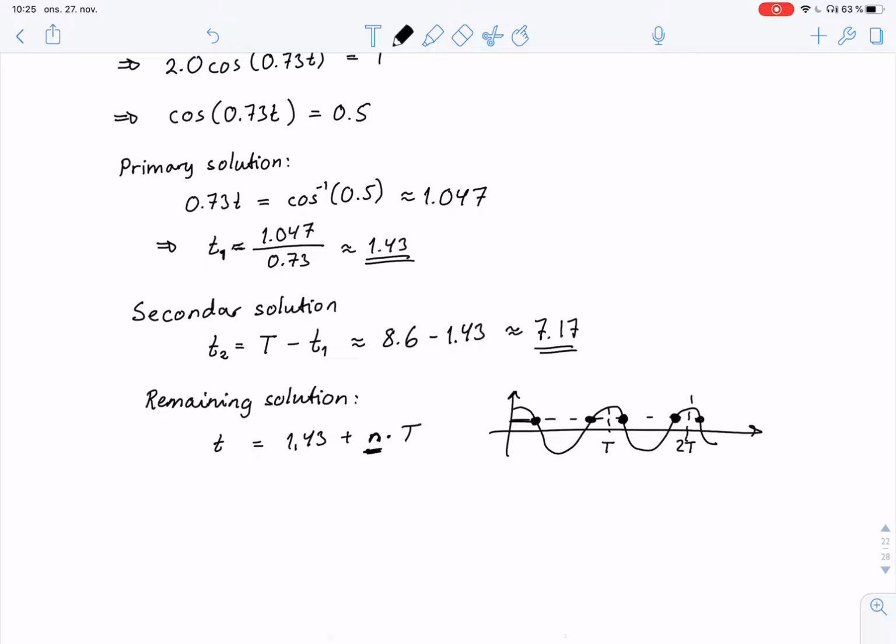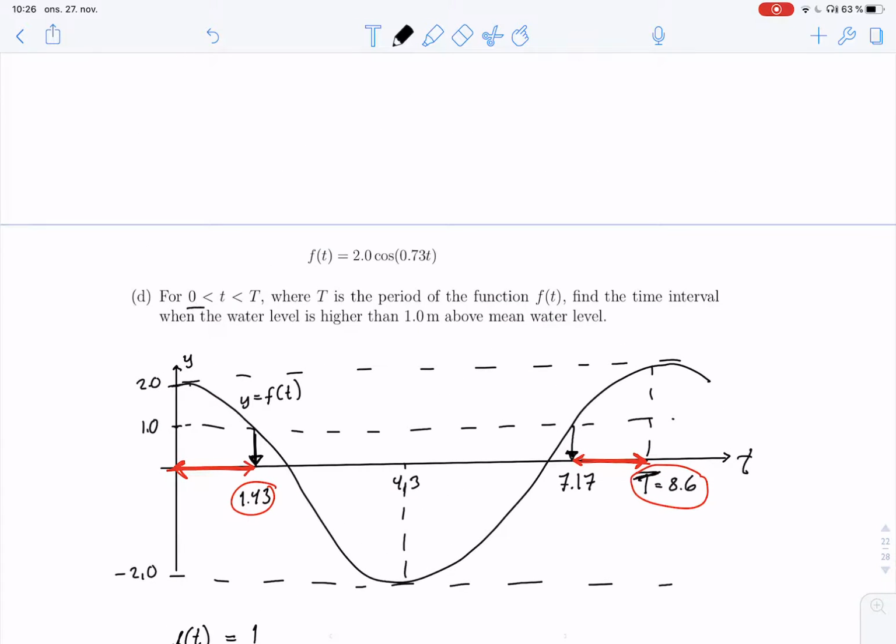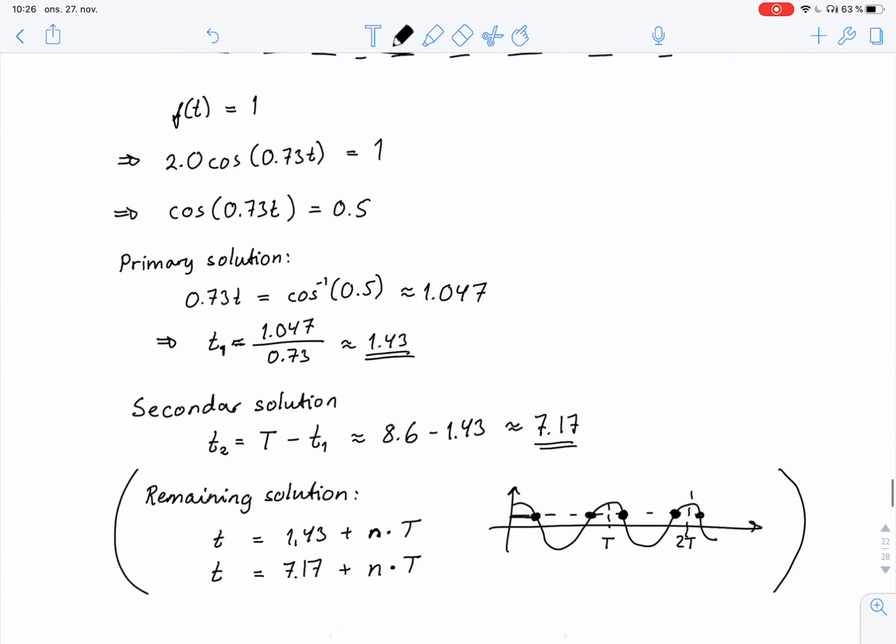So the n has to be an integer, 1, 2, 3, 4. And this one would be 7.17, a secondary solution, plus any number of periods afterwards. We're not supposed to do that because we need to find only solutions in the interval where t is between 0 and t.